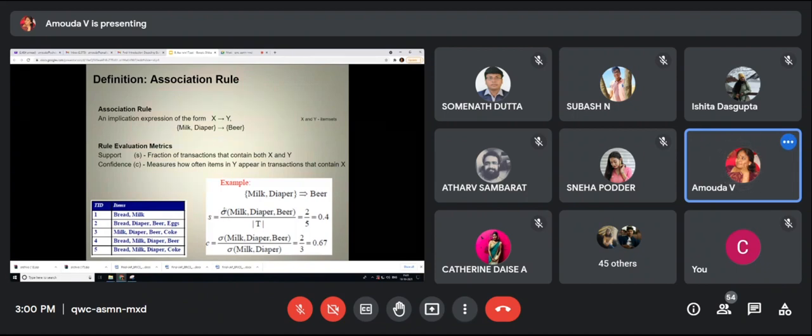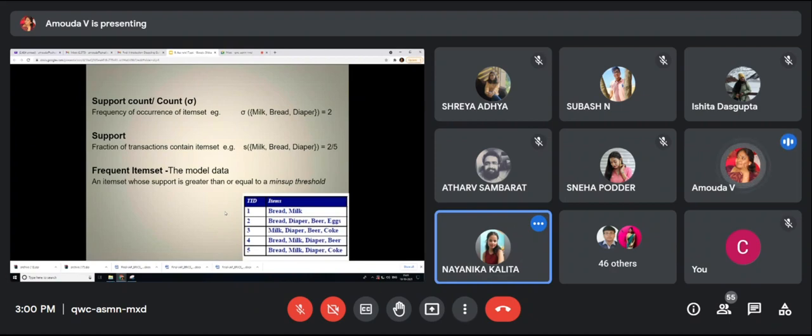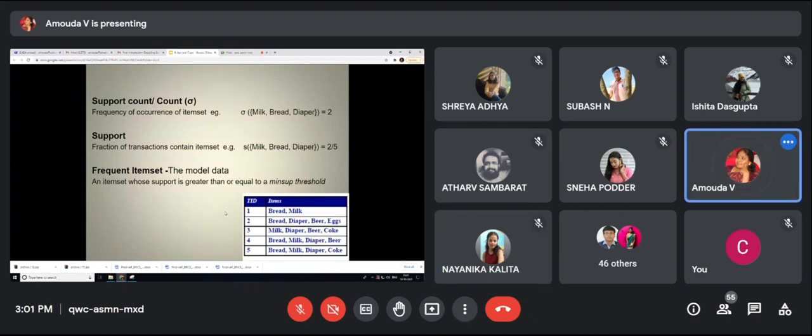Sigma. In the last slide we saw what it represents: frequency. It is the support count, or count. Understood?